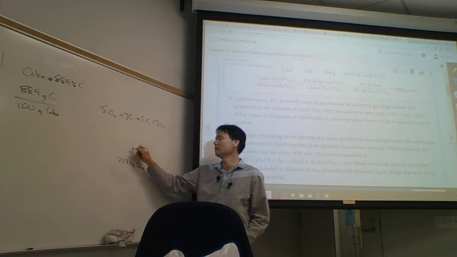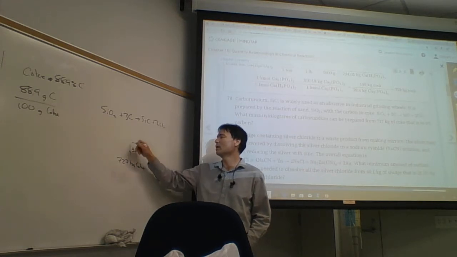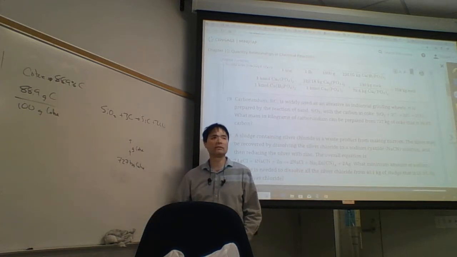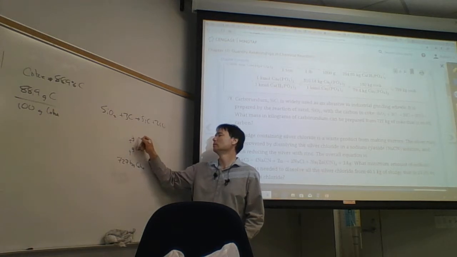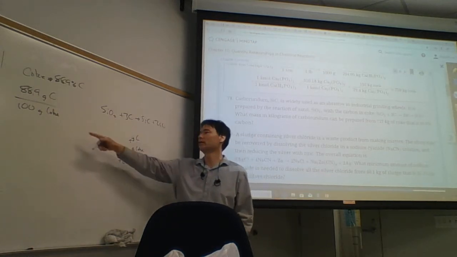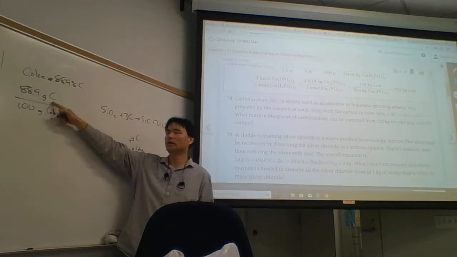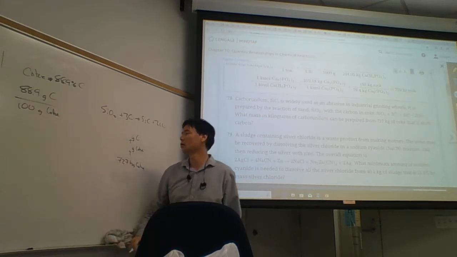I'd probably go from kilograms of coke to grams of coke, and then from grams of coke to grams of pure carbon. Because for every 100 grams of coke I have 80.9 grams of carbon.